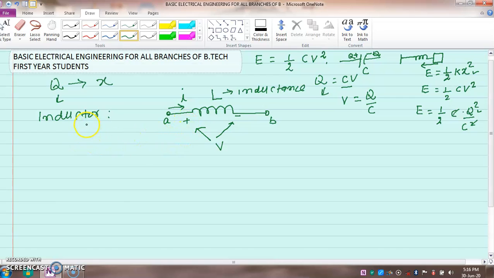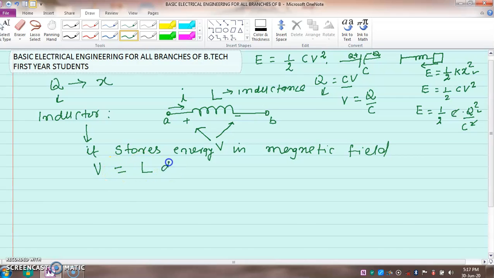So the inductor's property is that it stores energy in a magnetic field, and the voltage V here is L di/dt. This means that a change in current produces a voltage in the inductor.